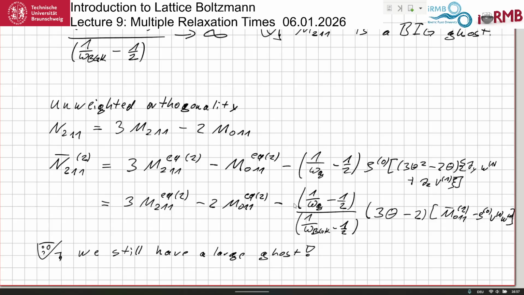Whenever you have some artificial damping in your system that is unphysical, this usually means your model is stable. So this can be regarded as a big advantage of the non-orthogonal way.